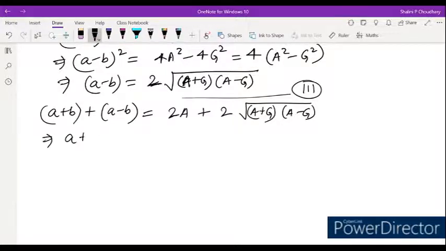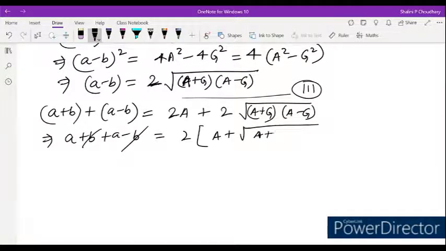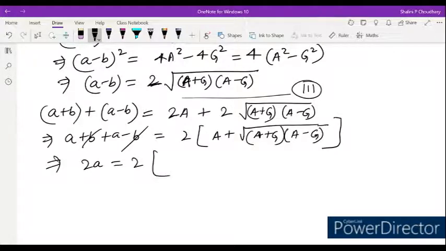So a plus b plus a minus b is equal to, b cancels, so 2 will be taken common: A plus square root of (A plus G) into (A minus G). Now we can write here 2a will be equal to 2 into A plus square root of (A plus G) into (A minus G).